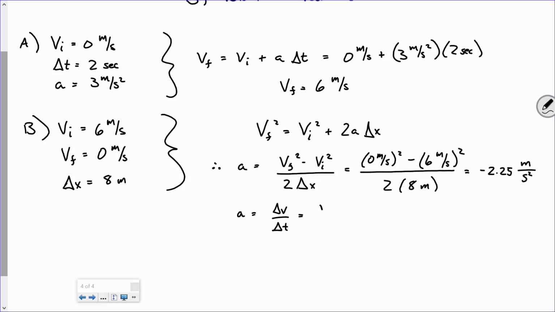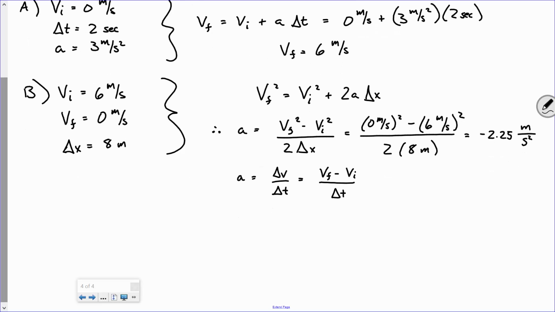Change in velocity is the final velocity minus the initial velocity, right? So if I want to solve for the change in time, it's VF minus VI over A, right?